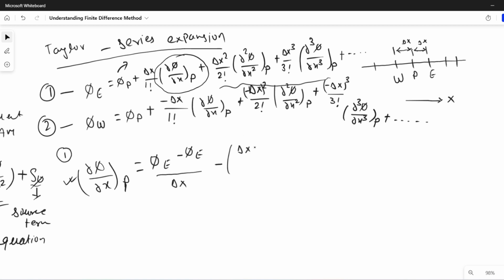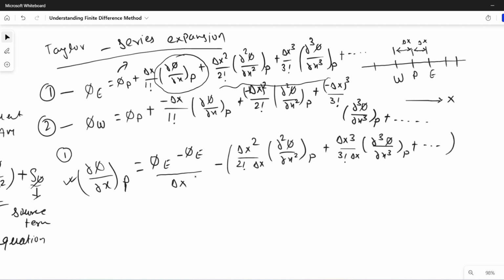So this will be equal to Δx squared by 2 factorial divided by Δx, times ∂²φ/∂x² at point P, plus Δx cubed divided by 3 factorial divided by Δx, times ∂³φ/∂x³ at point P, and so on and so forth.